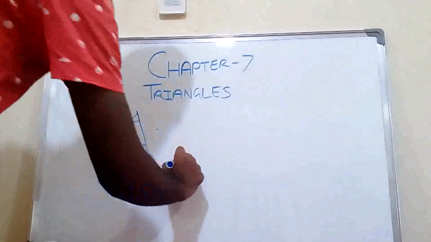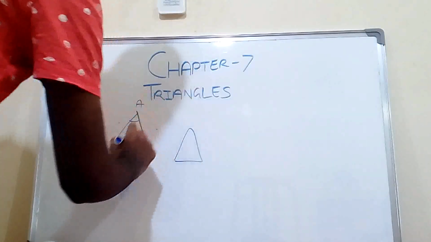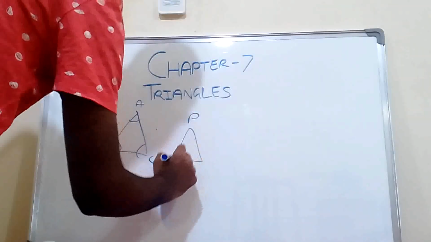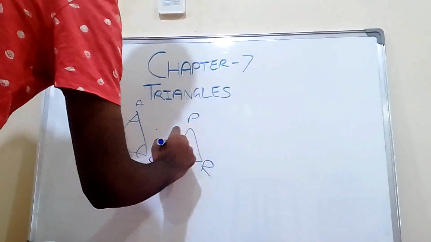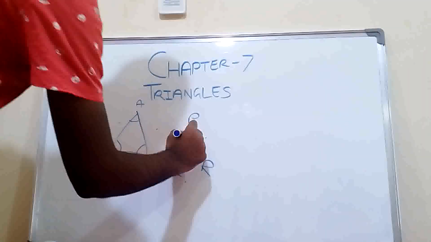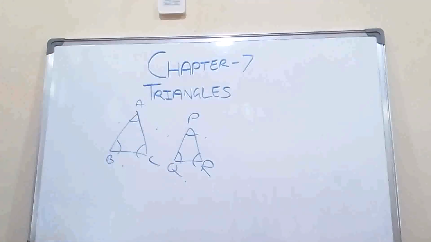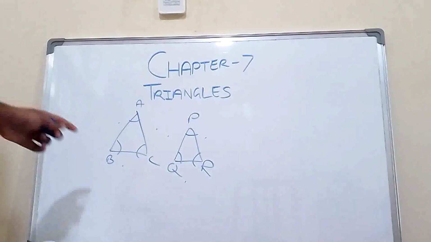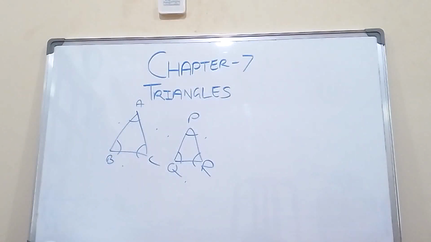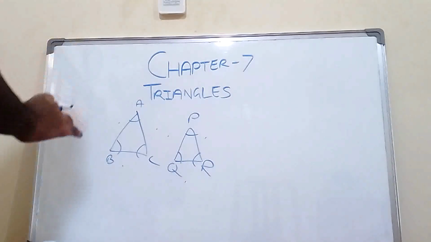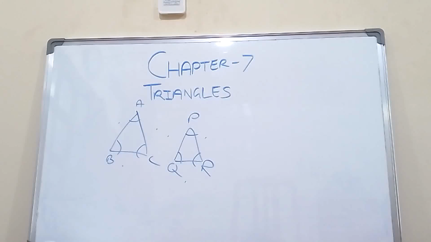So if ABC is congruent to PQR, we have to prove that these 3 sides and 3 angles are corresponding and equal to the 3 sides and 3 angles of the other triangle. But to prove congruency, we don't need to prove all the 6 parts. We can prove any 3 according to the suitable criteria and the suitable values of the sides and angles given to us. So, we have 5 congruencies which we will be learning right now.